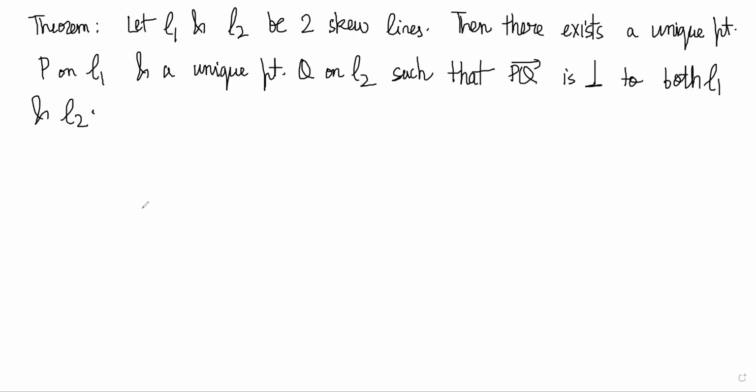So you can find 2 points P and Q on the skew lines in such a way that the segment PQ is perpendicular to both of those lines, right? So how do we do that?